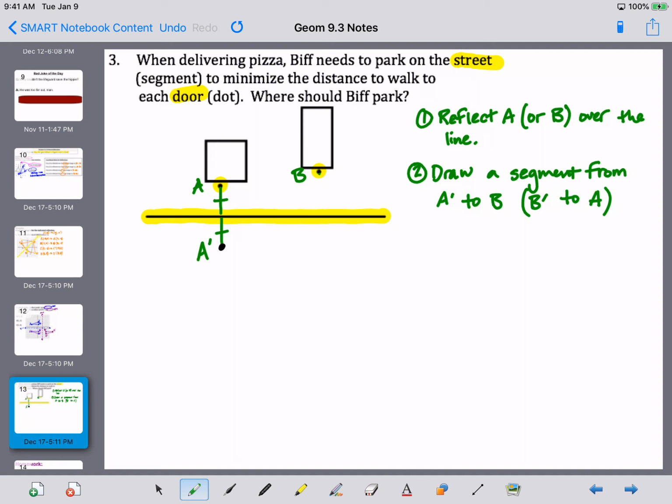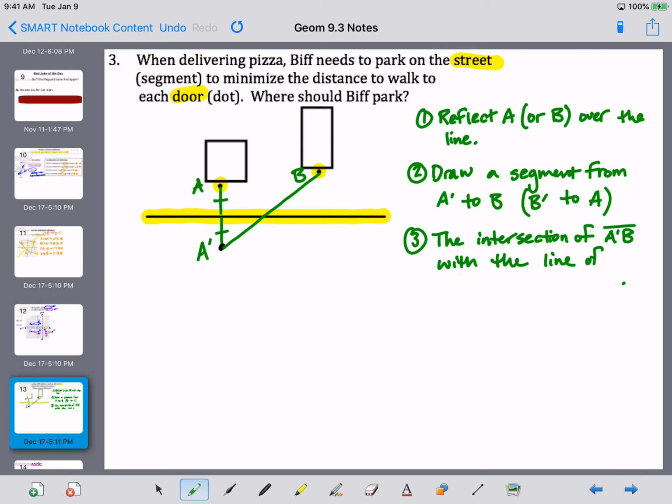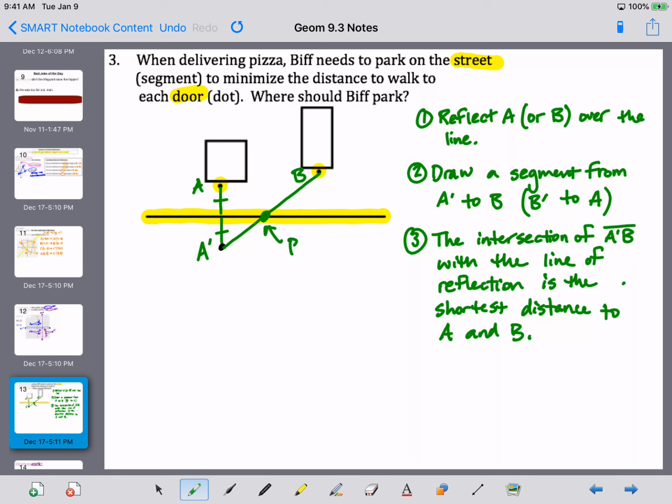So step 2, draw in that segment from A prime to B. And then where we would want our solution is, it turns out that the intersection of A prime B, that segment you just drew, with the street, or the line of reflection, would be the shortest distance to both A and B. So it turns out that this point here would be the shortest distance to A and B, so Biff should park here.